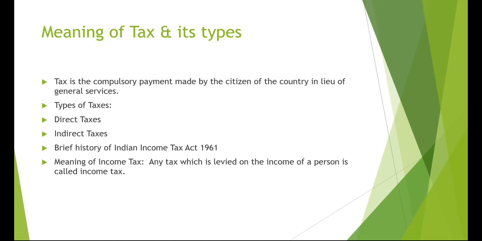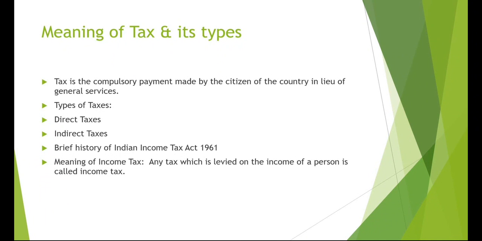On my behalf, nobody else can pay the tax. Such a type of tax we call a direct tax. That means the one who earns income is required to pay the tax. Examples of direct taxes are income tax and wealth tax. Such taxes are called direct taxes.